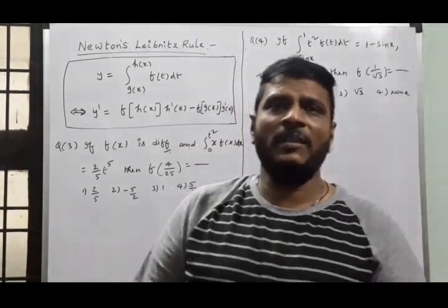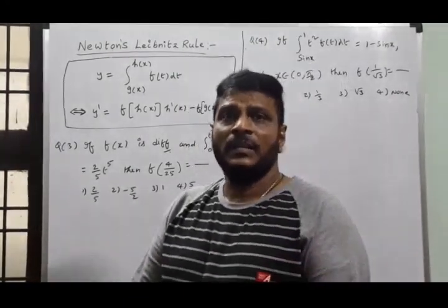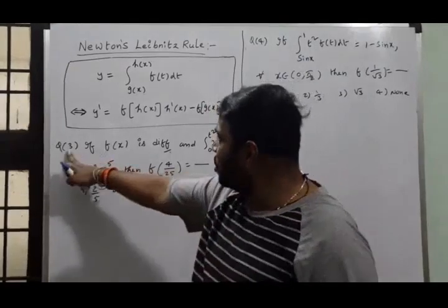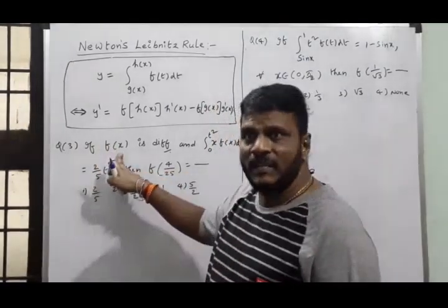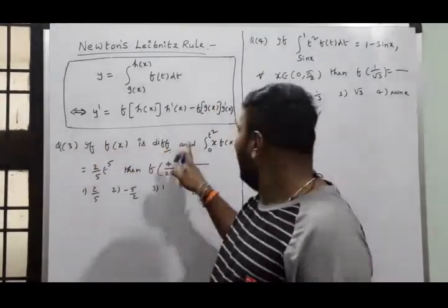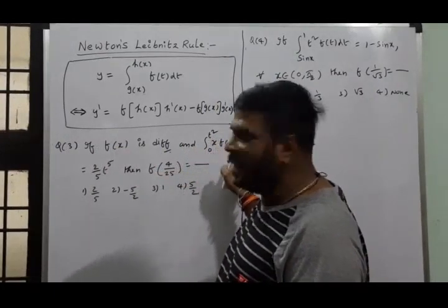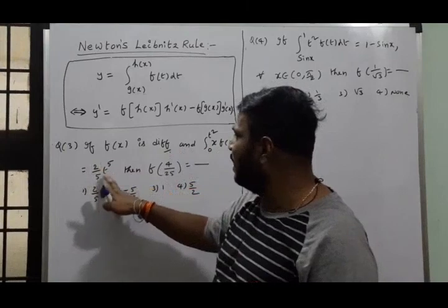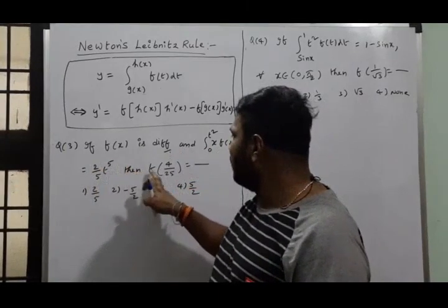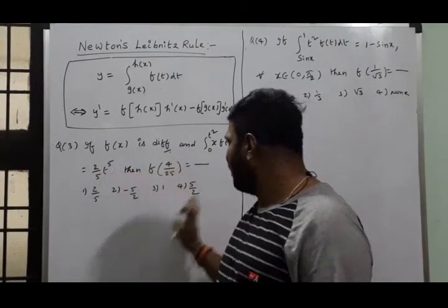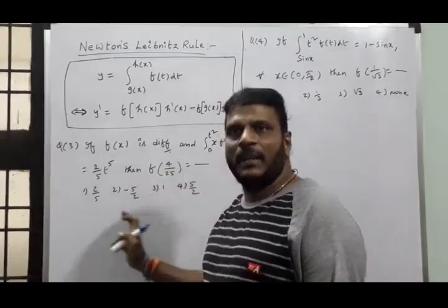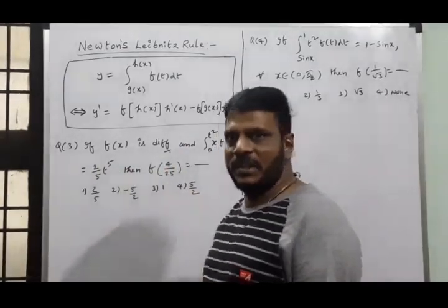Hi students, now I am explaining the third question. See this third question. If f(x) is differentiable and the integral from 0 to t square of x into f of x dx is equal to 2 by 5 into t power 5, then what is the value of f of 4 by 25? You have to select the correct option from the given 4 options.